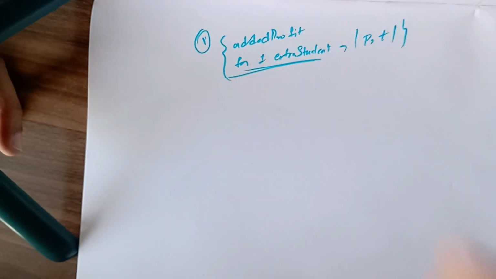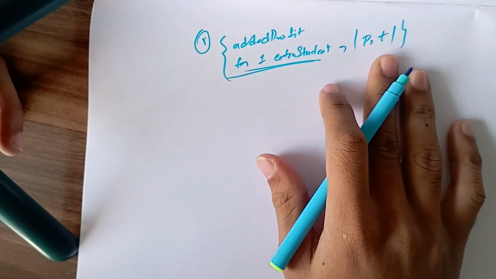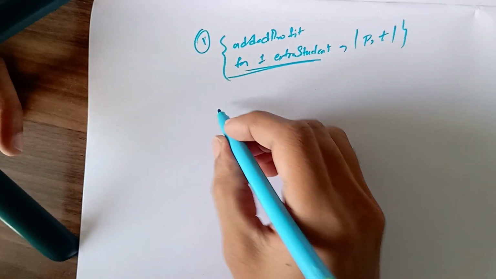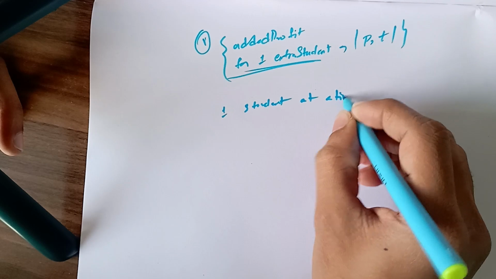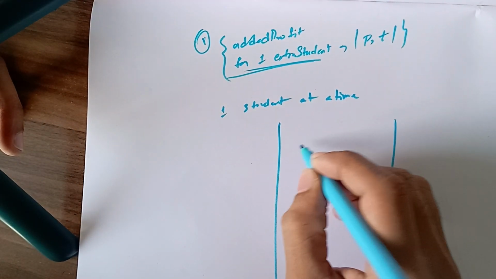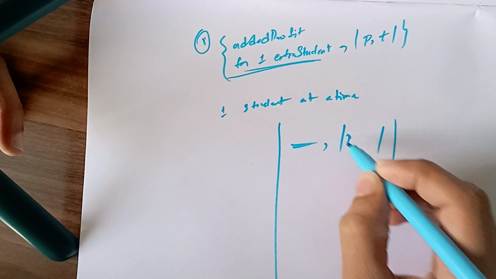So this is the priority queue initialization. Now we'll be adding one student at a time.